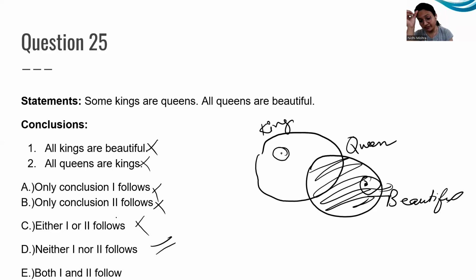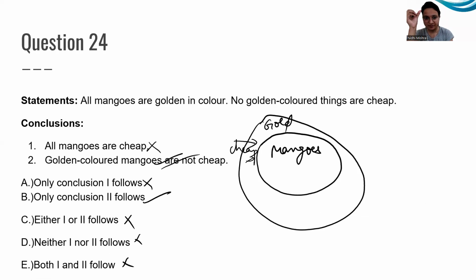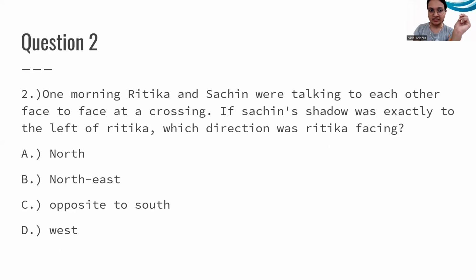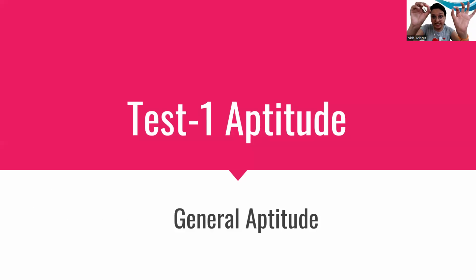Okay. So be very careful with these questions. You have to use your mind. You have to check all the options. These questions are not that difficult, but you have to learn a lot of things. You have to analyze each and every option. Very important.